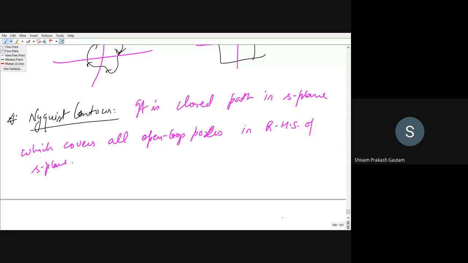Just pay attention. What is a Nyquist contour? It is a closed path in S plane which covers all open loop poles in the right hand side of S plane.